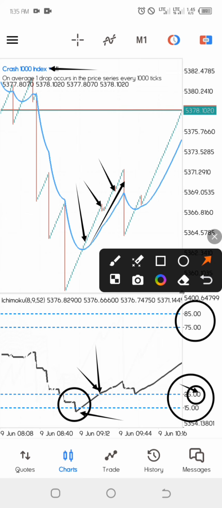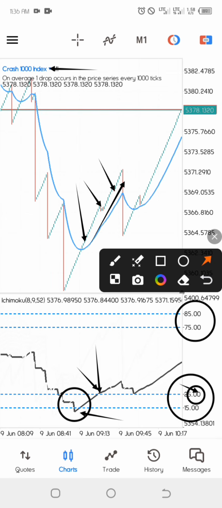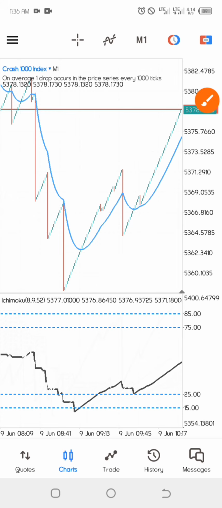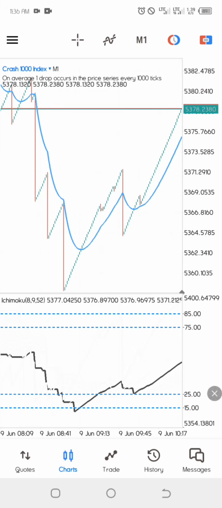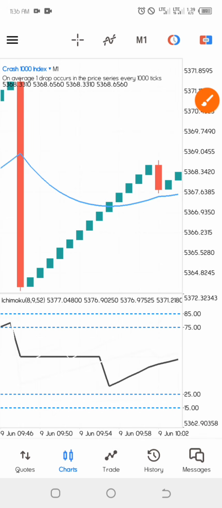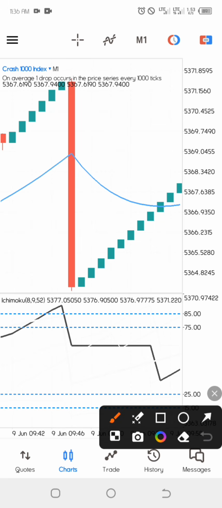The spike you want to see in the chart is a spike that breaks below the moving average. You can see this is the spike right here, breaking below the moving average. After the spike happens, you enter your trade at the next candle.